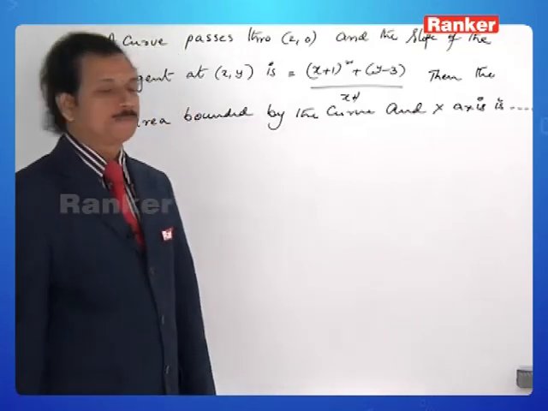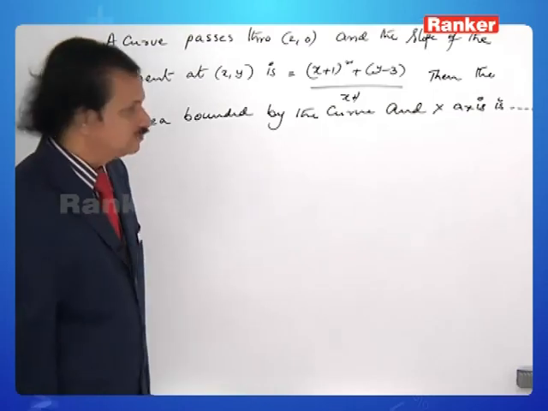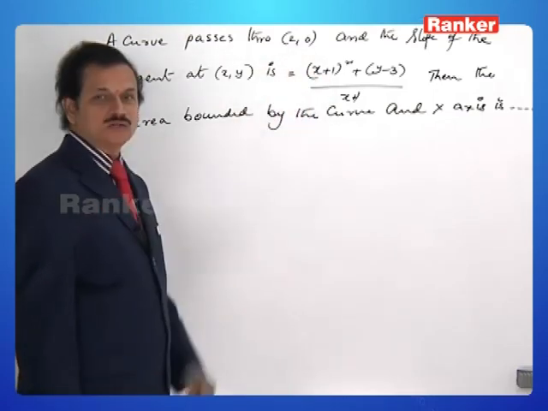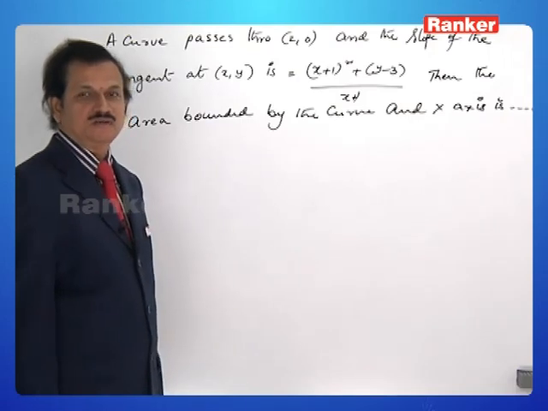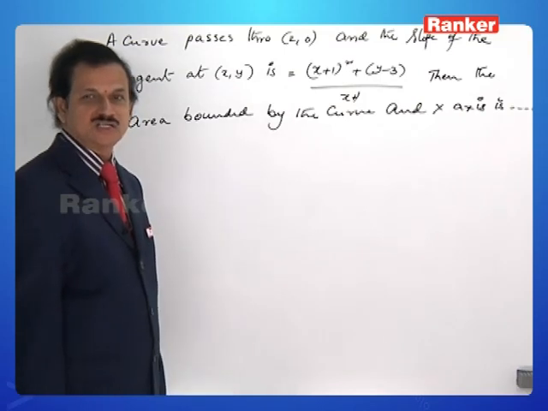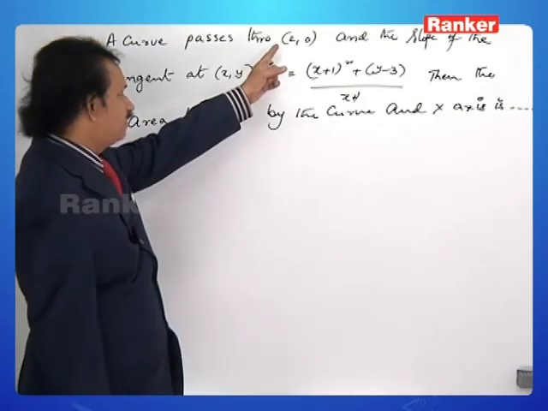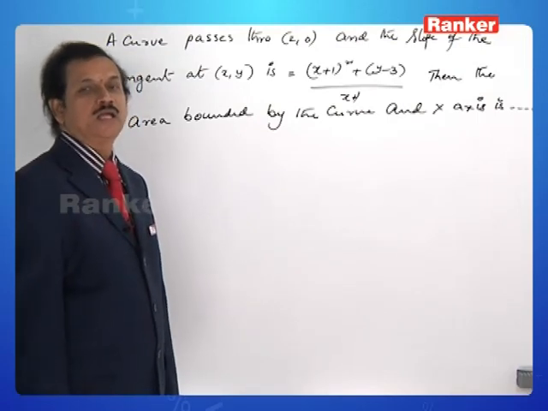But you see, there are two things required. Number one, dy by dx is equal to this. That is a differential equation. You may have to solve it. There will be an arbitrary constant c that must be obtained by using the point (2, 0). A curve will be obtained.